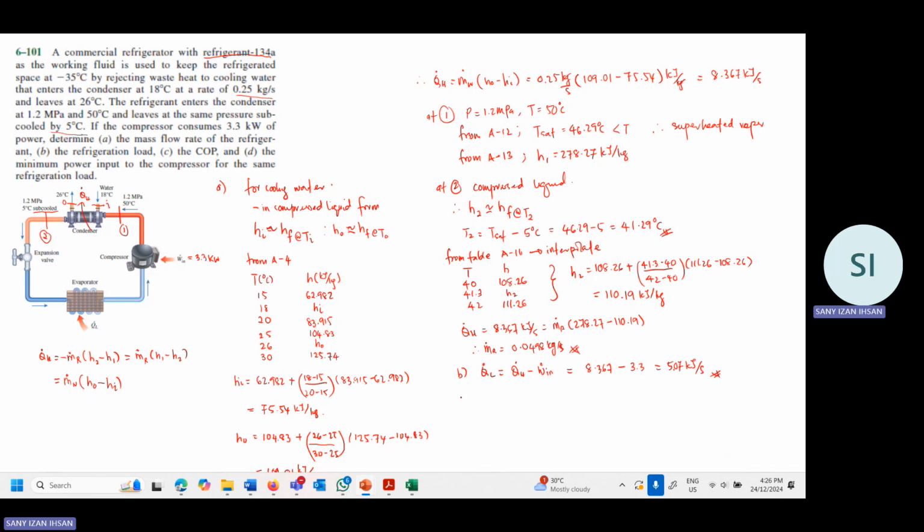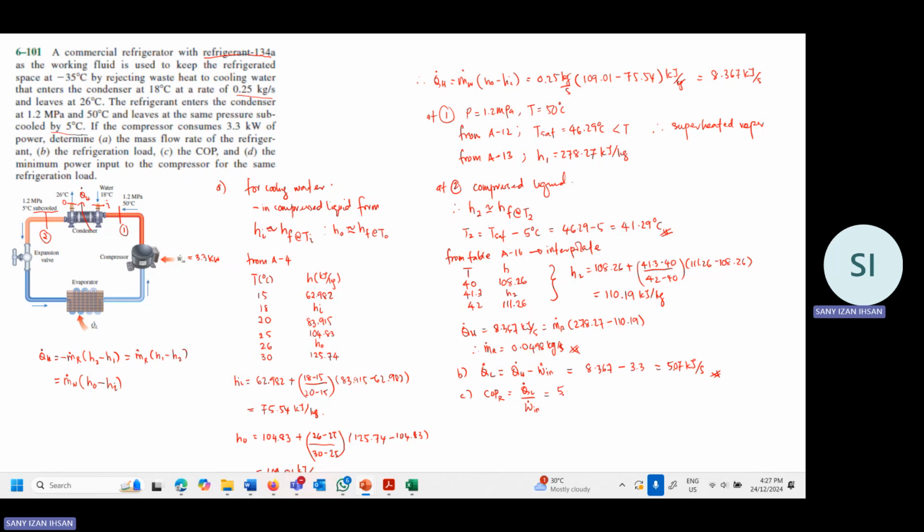Okay, simple. C, the COP, just go to the equation. COP for refrigeration is nothing but you are interested in the load, QL, and compare with the work in. Everything is given.